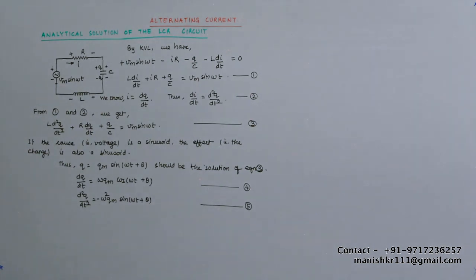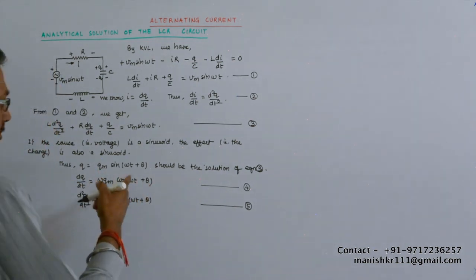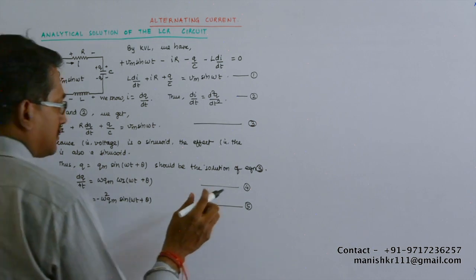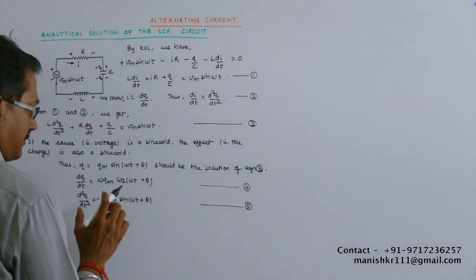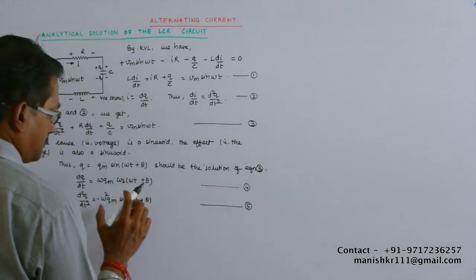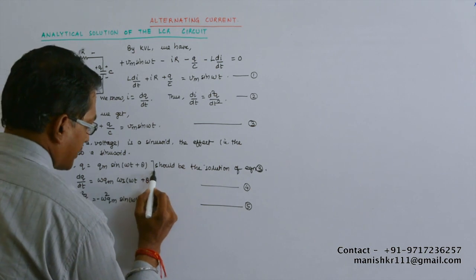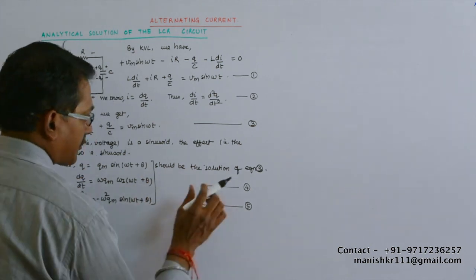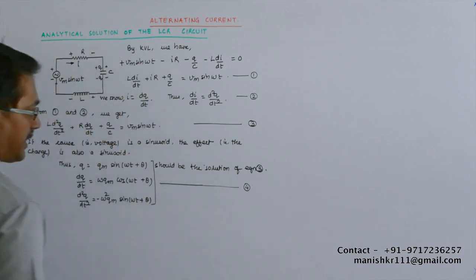Do we get that? Now I put 4 and 5 and obviously this. So let me name this set of equations as 4. Fine. That's better.